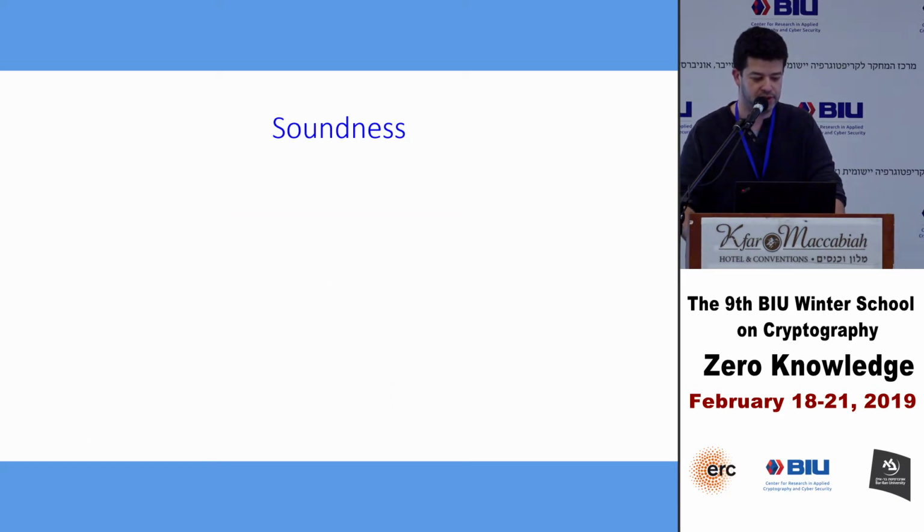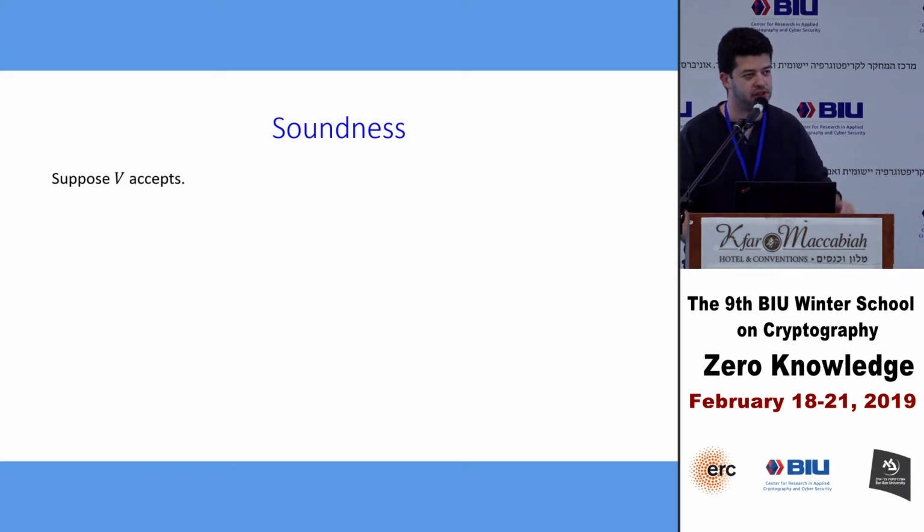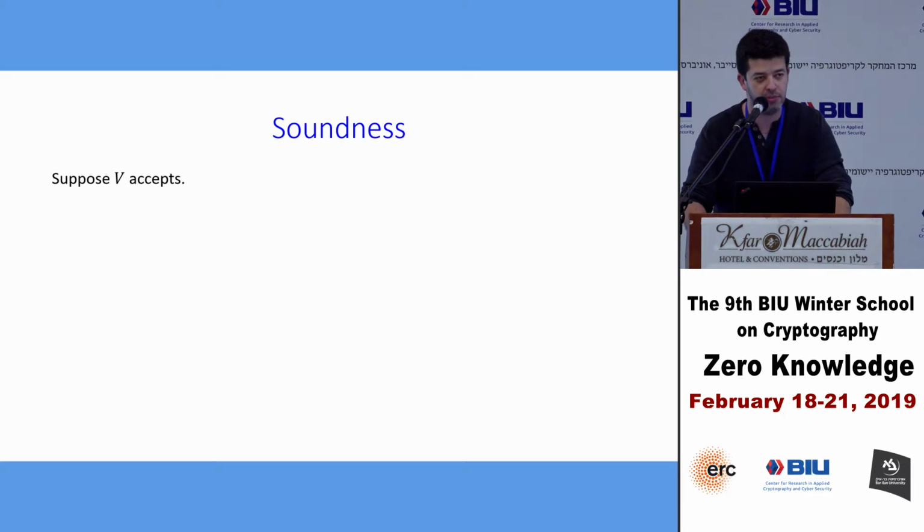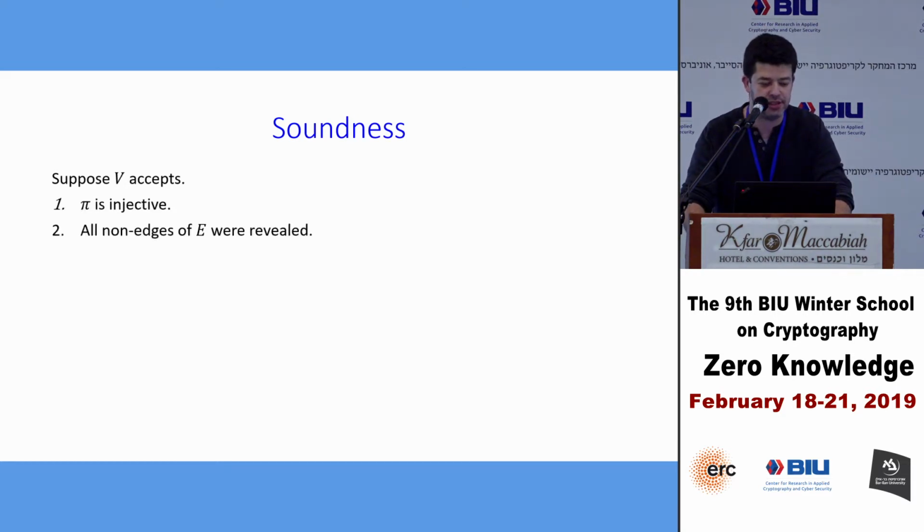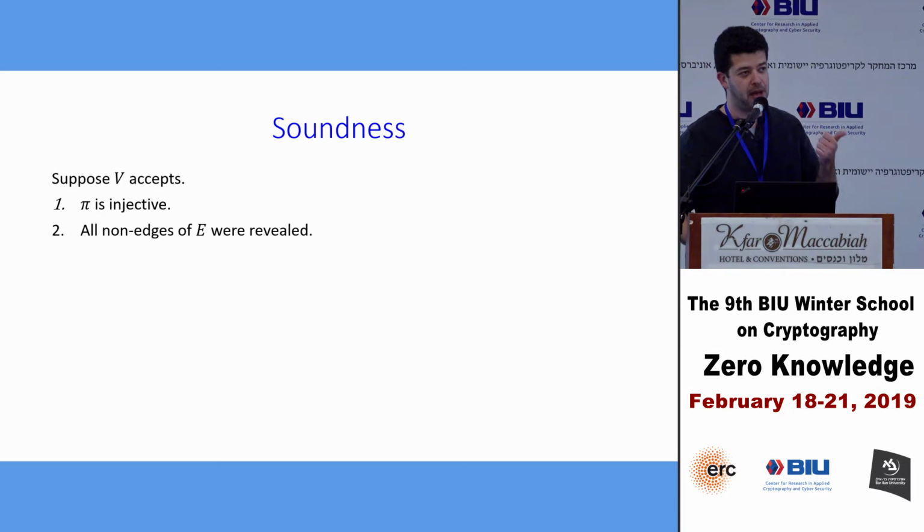So that's good. That was easy. What about soundness? A little bit more tricky. Let's suppose for a second that V accepts. Forget about whether X is in the language or not. Let's just assume that V accepted. Well, based on the checks that V does, it means that A, this mapping pi was injective, and B, that all of the non-edges of E were revealed, because that's what the verifier explicitly checks.